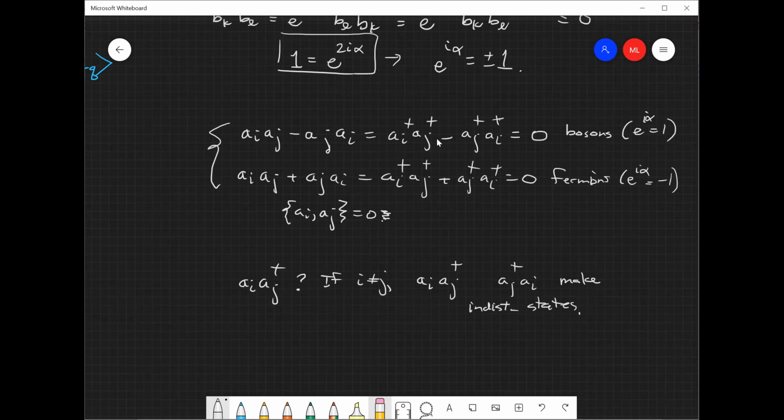In that case, it's a little bit more subtle, because we would be removing and adding a particle in the same state. So we'd have to do that case separately.